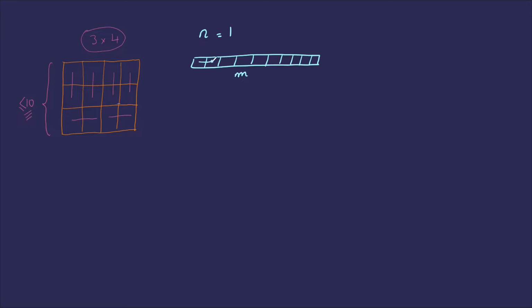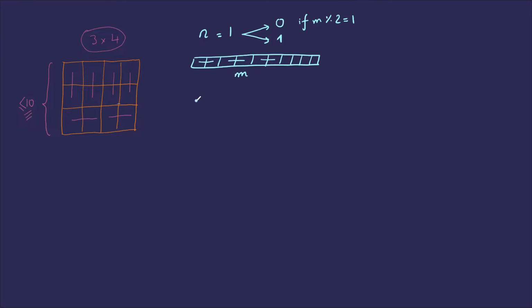There is only one way of putting these horizontal tiles, and the answer does not always exist. Precisely, if m is odd, then we cannot tile it with 2 by 1s. Therefore, for n equals 1, there are two cases. Either there are 0 tilings if m mod 2 is equal to 1, or there is 1 tiling otherwise.